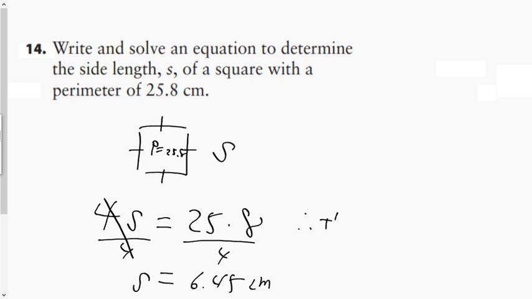So therefore, the side length is 6.45 centimeters, comma, bruh.